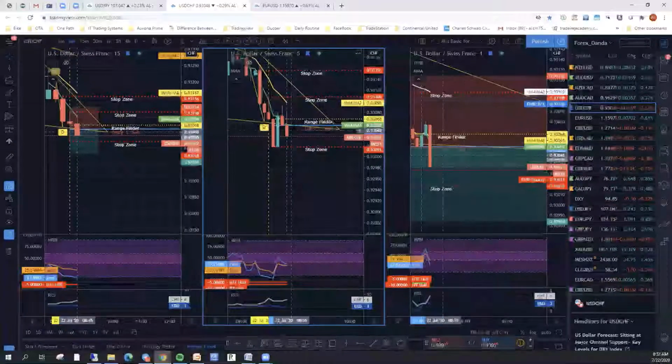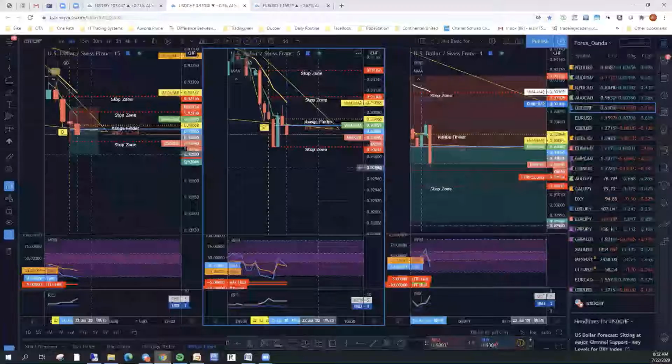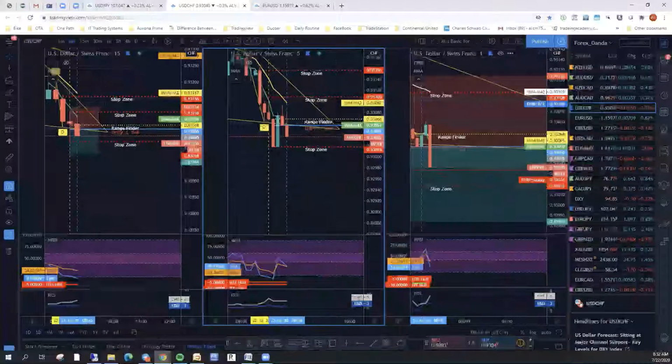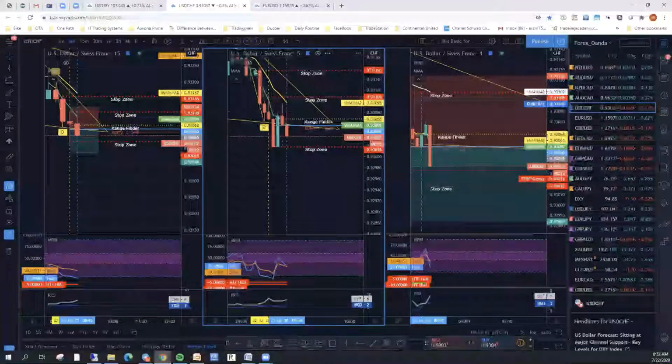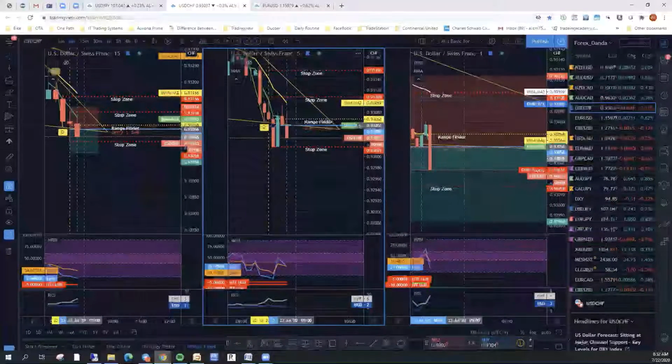Back into the wedge. You see the pullback wasn't very much. Here was our entry.